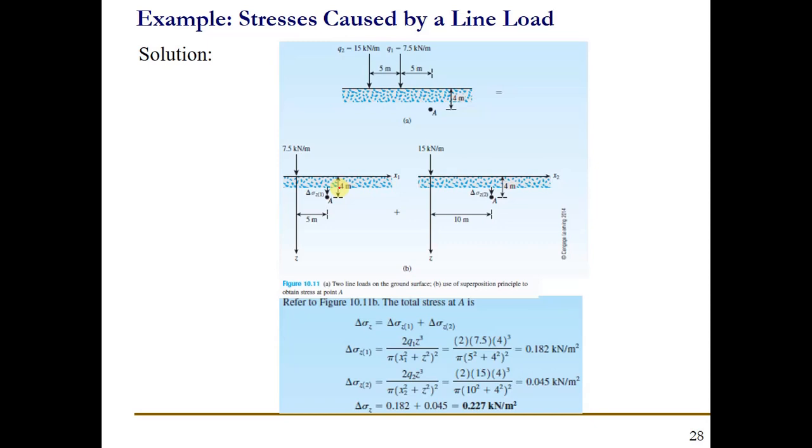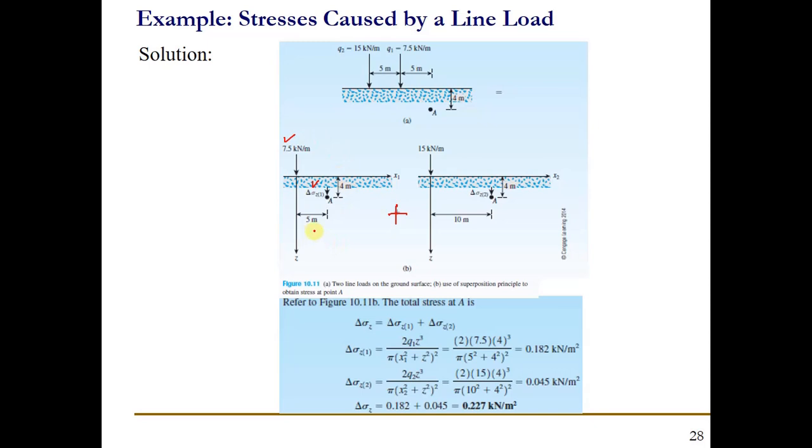Now we can use the concept of superposition principle: we will find out the effect or delta sigma due to the Q1 load, and then we will find out the delta sigma due to the Q2 load, and we will add these delta sigma. This is delta sigma due to the Q1 load, 7.5 kilonewton per meter.